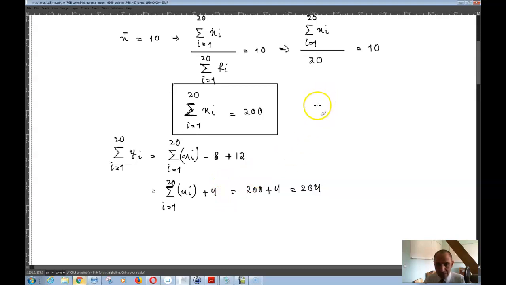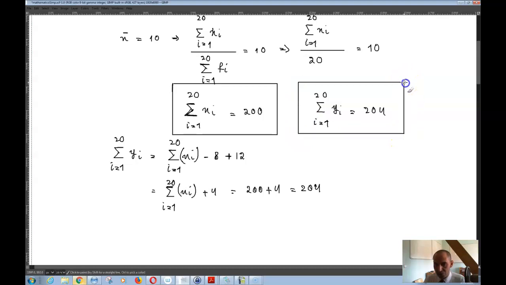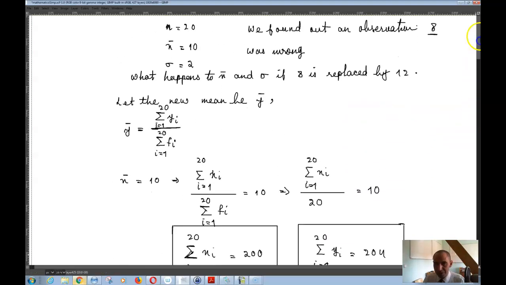That means sigma y of i, as i goes from 1 to 20, is equal to 204. This is the sum of all the observations when you take the 8 out and put in a 12.